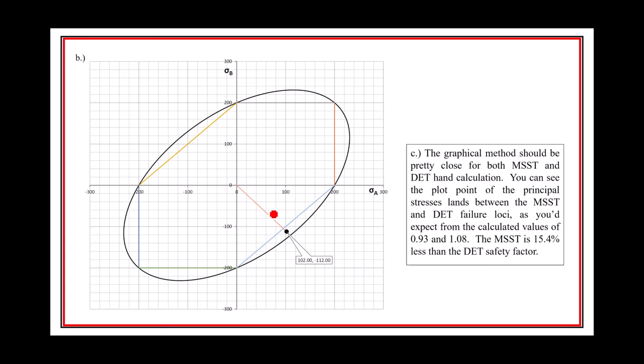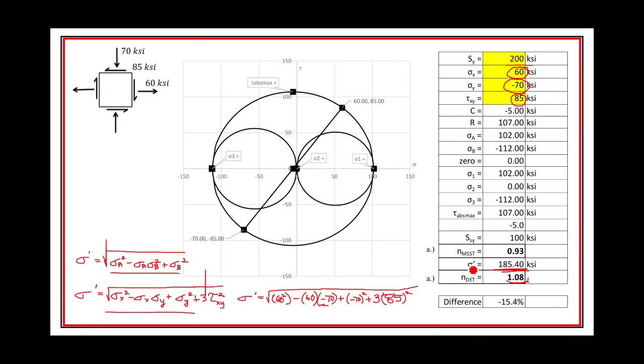Graphically, what I was asking for was for you to plot it out by hand, divide out the lengths from here to there, and then also from here to here, get those ratios of the distances you're physically measuring, and then compare it to what you got right here with the safety factors.